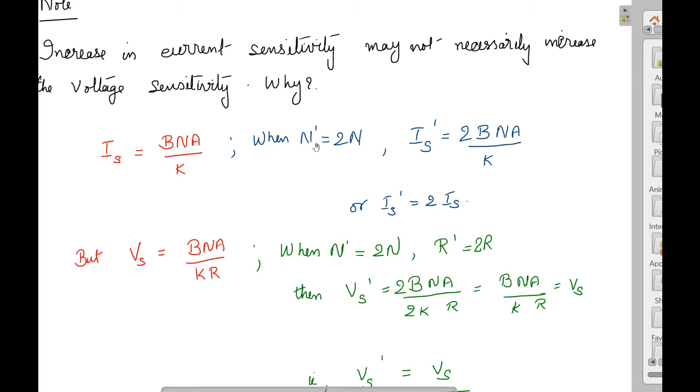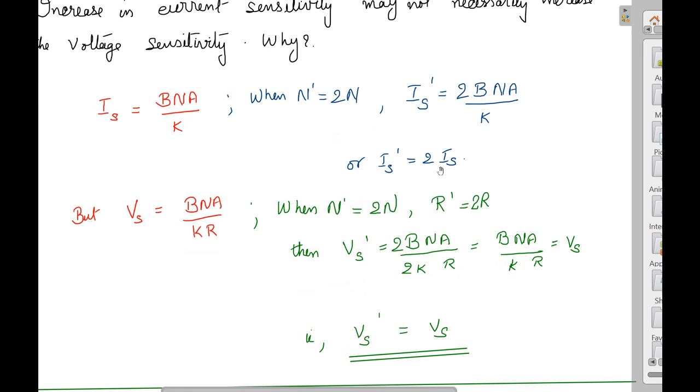So when N dash becomes 2N, current sensitivity becomes Is dash, that is equal to 2 times BNA divided by K, which is equal to 2 times Is. Current sensitivity doubles when the number of turns doubles.